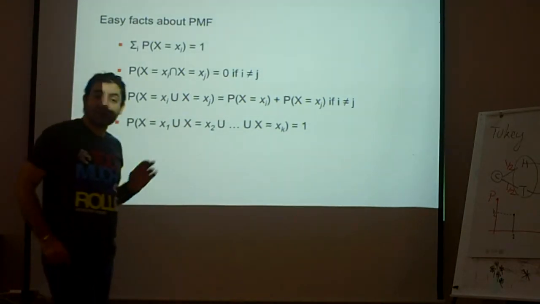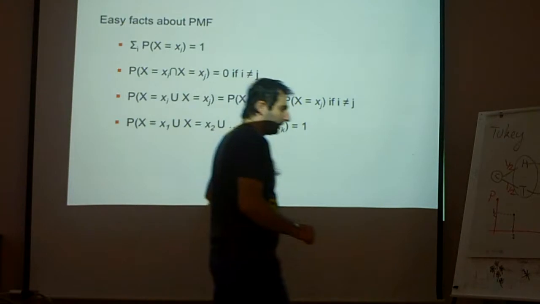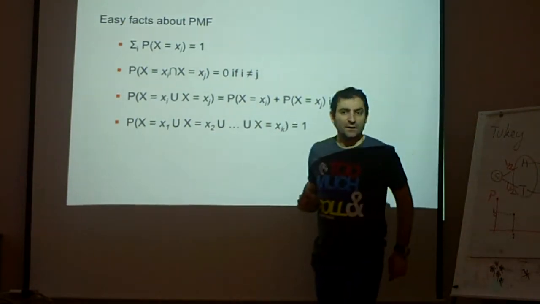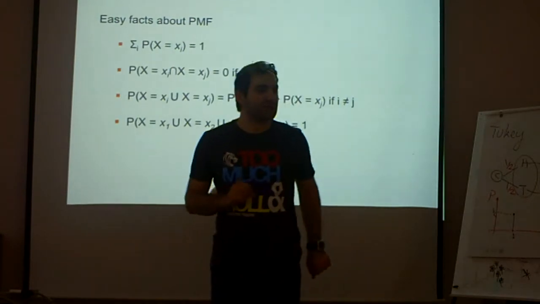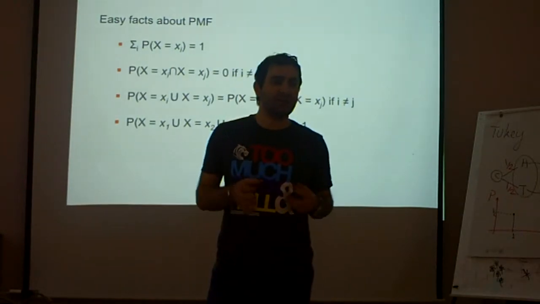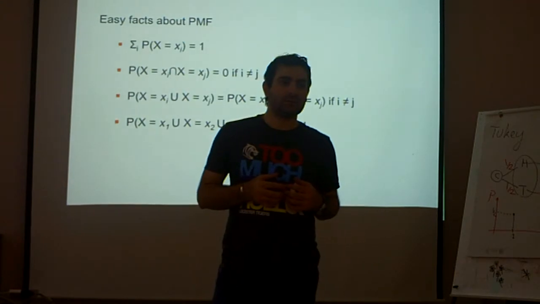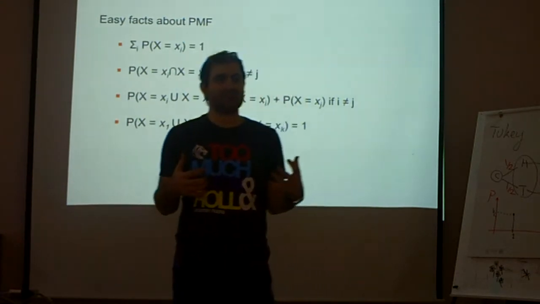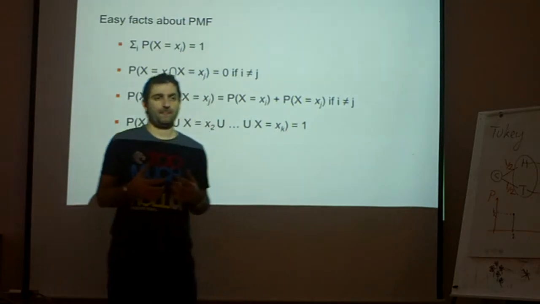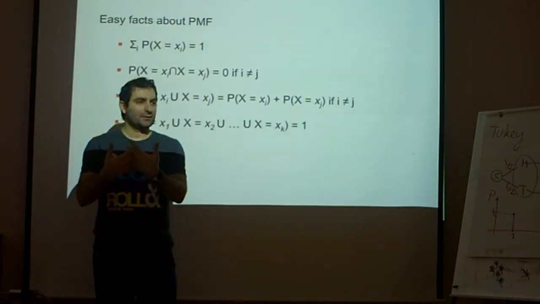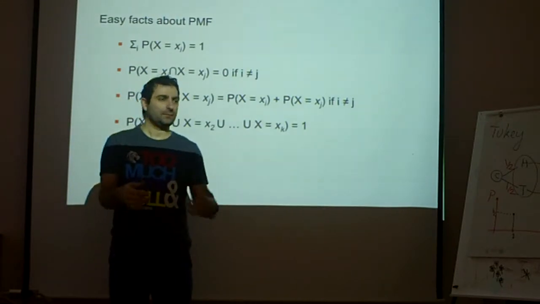Another thing about this PMF is that these events are disjoint. Do you remember what the meaning of disjoint was? Teshman, what is a disjoint event? If A and B are disjoint, what does it mean? There is no intersection. They cannot happen at the same time.